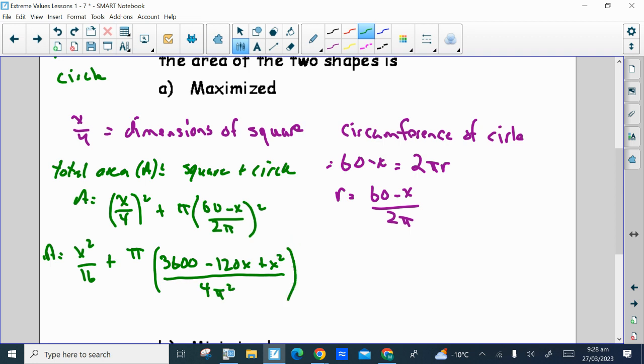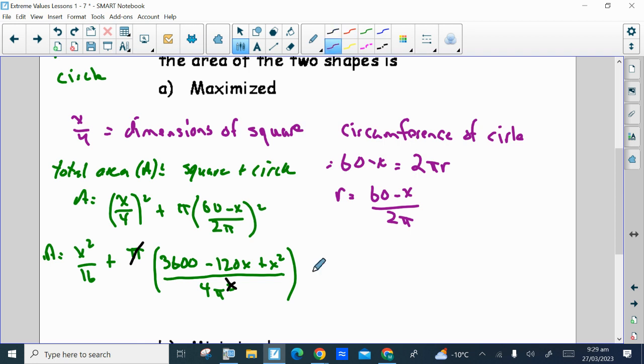It'll look like that. To square a binomial on top, you square the first term, then you multiply the two together and double it. That's where the negative 120x comes from. And then squaring the last term, squaring negative x is positive x squared. So now we can divide out a pi there, just to make it a little simpler.